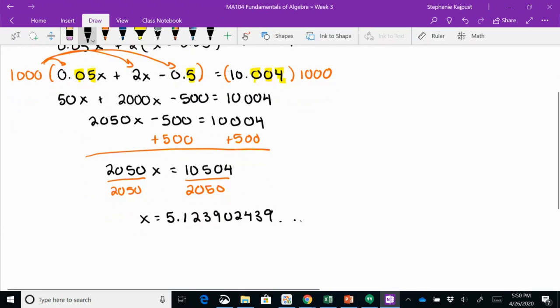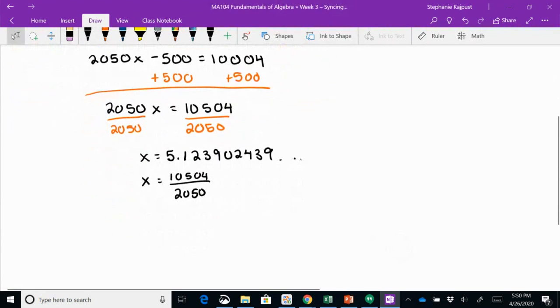So I got a lot of decimal numbers here. If you wanted, you could leave it as a fraction. So if we wanted to write it as a fraction, we would have 10,504 over 2050. We would need to reduce that. I know I can divide those both by 2 because they're even numbers.